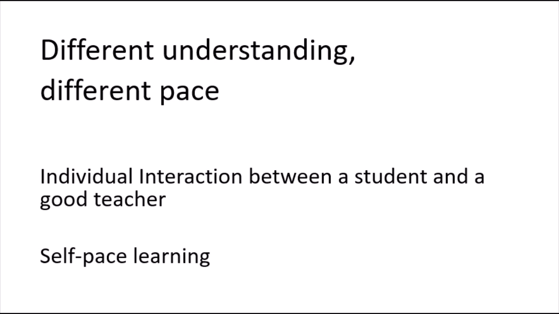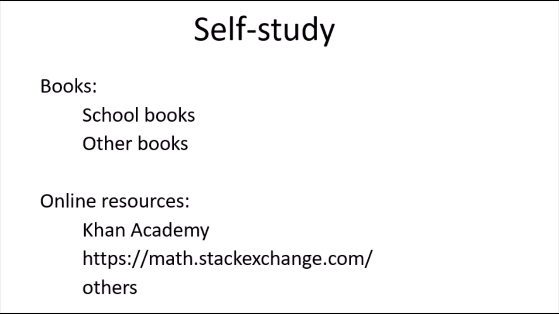And so if you are really motivated to learn mathematics, to improve yourself, then you have to do some kind of self-study. To do self-study, you need to find good books. You can find them from your school library, public library, or university library, and there are also online resources.